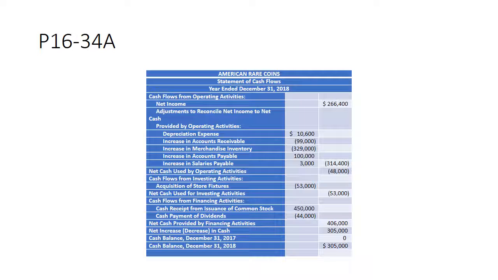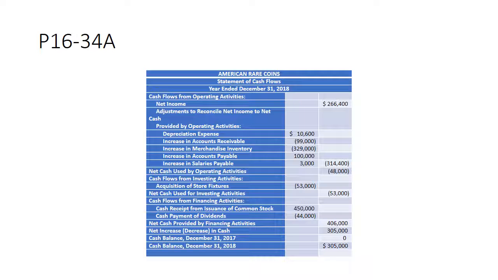So what's that saying? Of all the sales we recorded, people still owe us $99,000 of it. So $99,000 of the sales are not cash yet. So included in that $266,400 is all the sales, and they're being treated right now as if they were all collected in cash. No, $99,000 of them weren't. So we must subtract that $99,000.